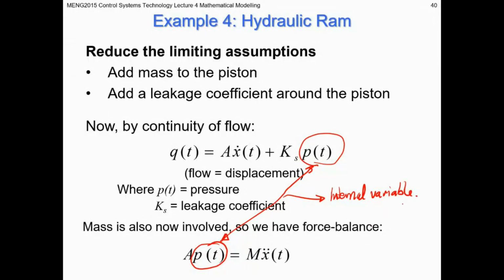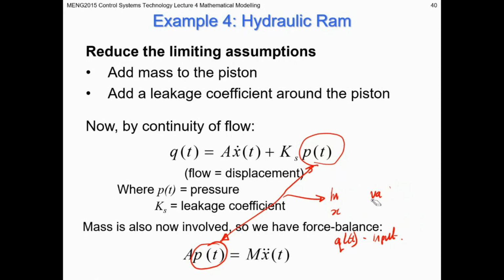In other words, it's not part of the input that we're interested in or the output. We know that x of t is our output, and q of t is our volume flow rate. This is our input. Neither of those are P, so we're not interested in P. We actually want to eliminate that.